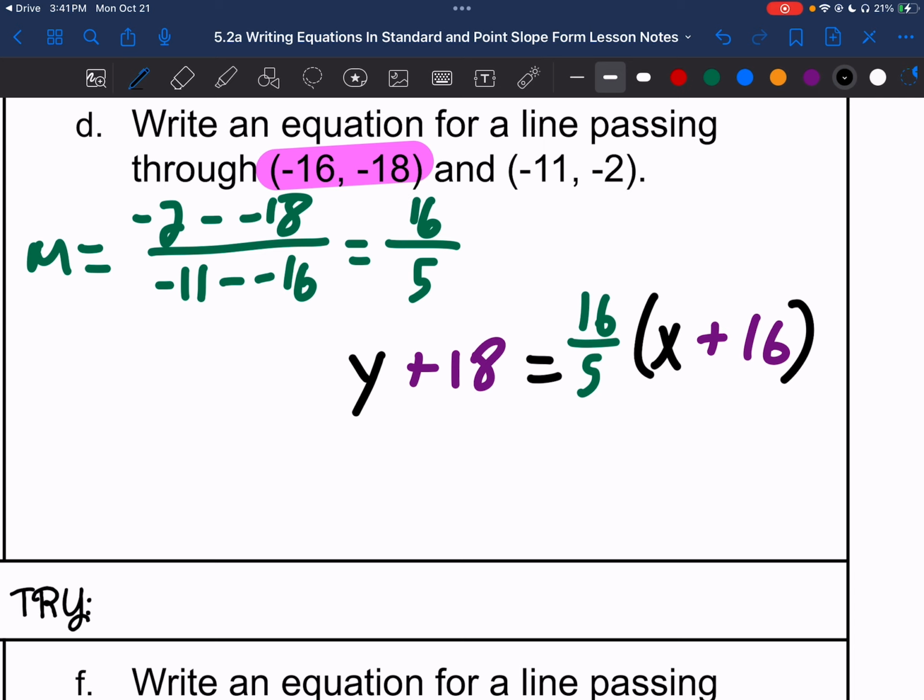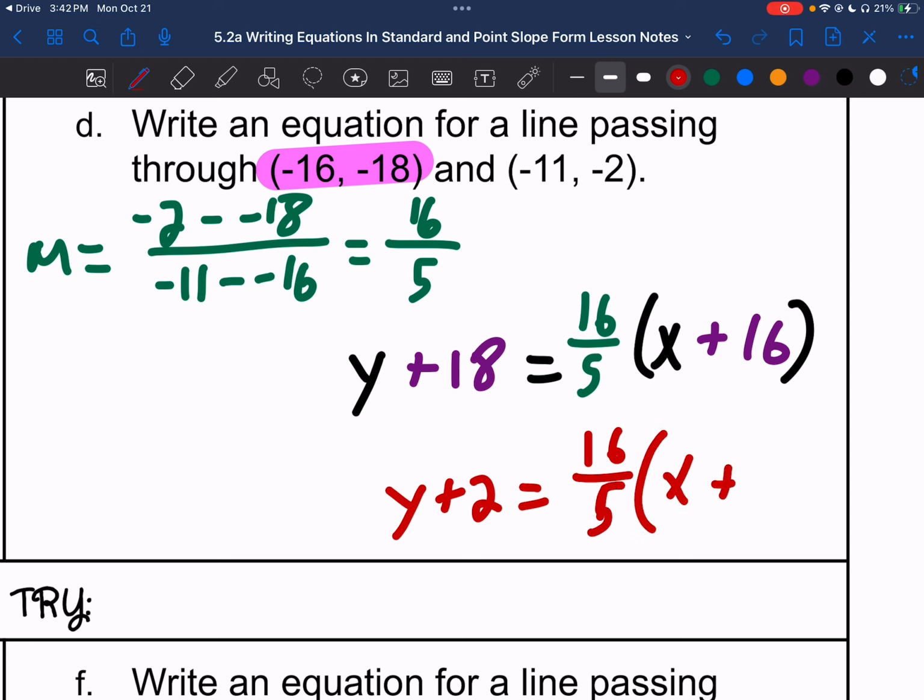So that is one of my ways of writing this. My alternate way would be y plus 2 is equal to 16 over 5 times the quantity, x plus 11. Again, two equations for the exact same line.